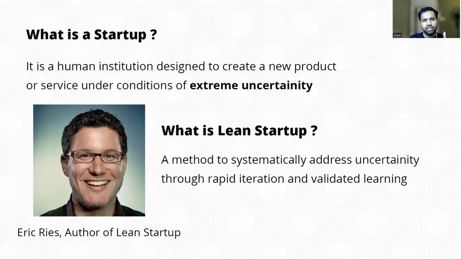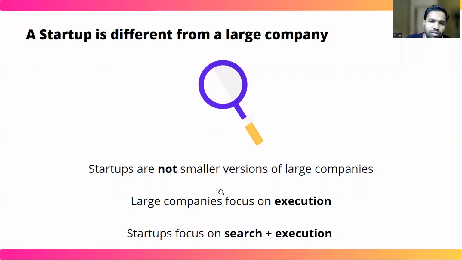That is what the lean startup method is going to do. It helps you to systematically address uncertainty through iterating a lot of things, experimenting with a lot of things, and also learning from all of your iterations and all of your experiments. So that is what the lean startup method is.